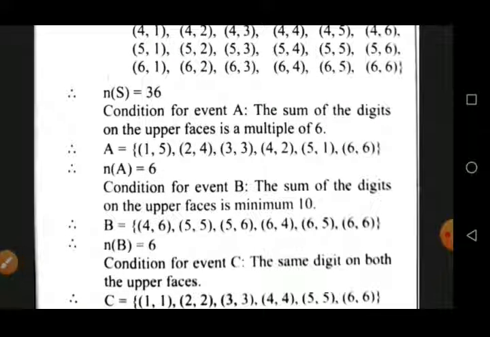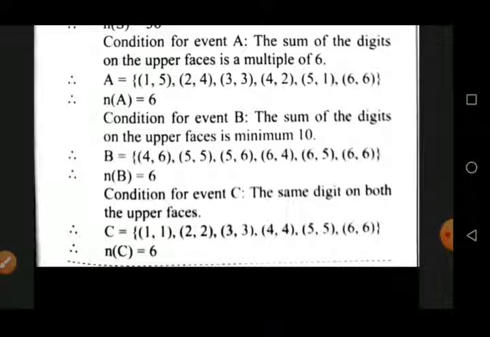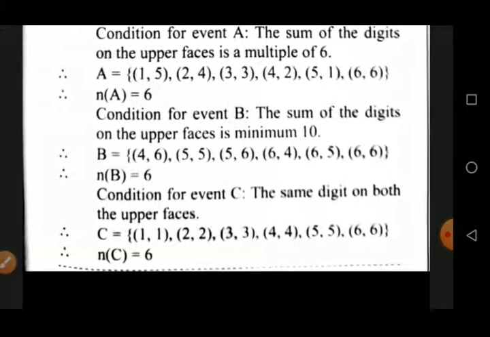Condition for event C. The same digit on both the upper faces, and it is very easy.